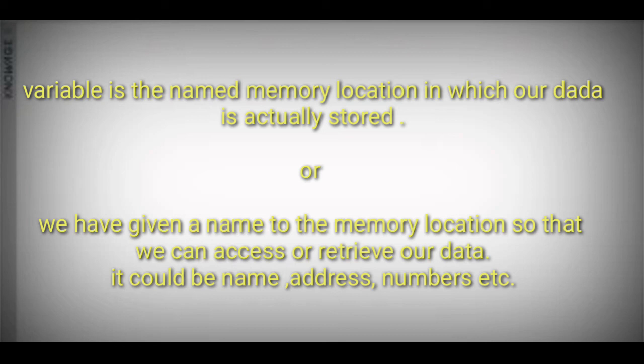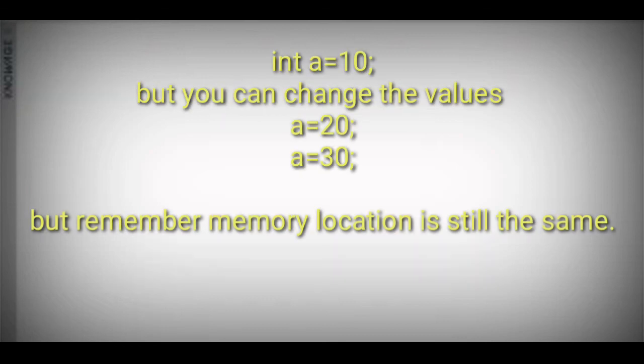Now one more important thing to note: the name variable itself suggests that vary means changeable. A variable's value is changeable. Let's say you have stored 10 in memory location 101, which a is pointing to.